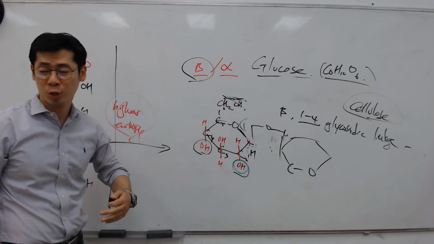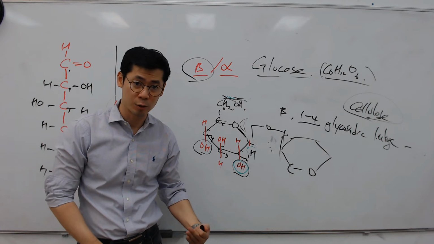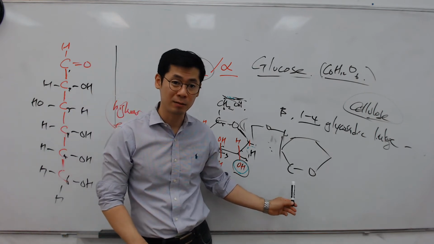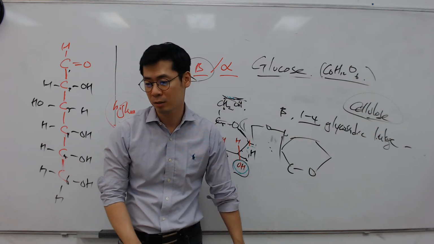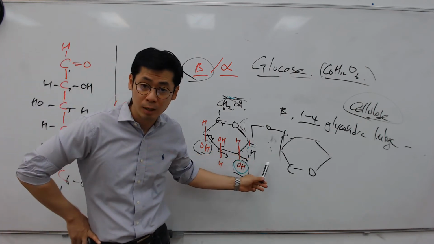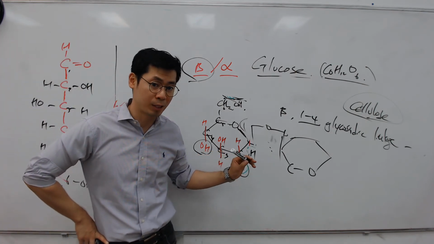As I said, beta is the more stable form, right? There's more of beta, which means it's easier to create cellulose compared to starch for the plants. And we do not have an enzyme to break this one. We can break down alpha, but we cannot break down beta.